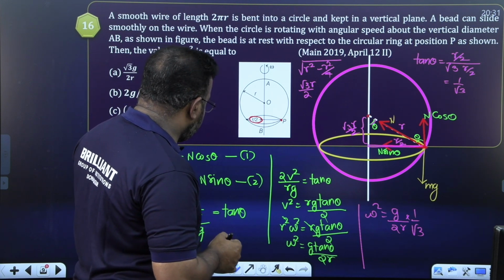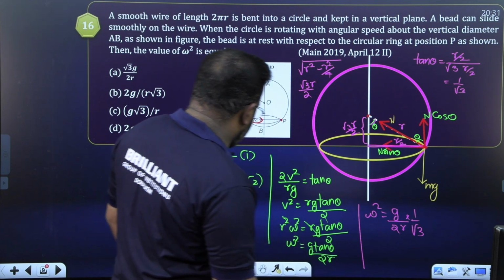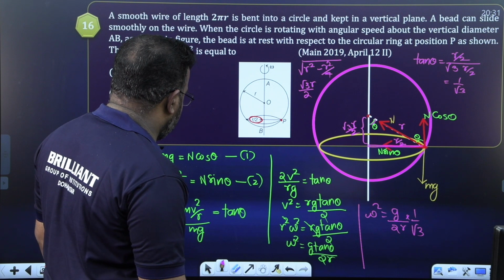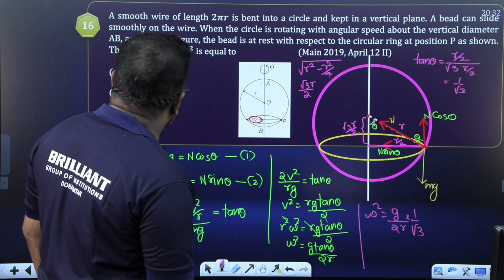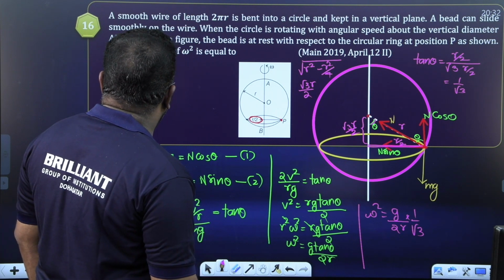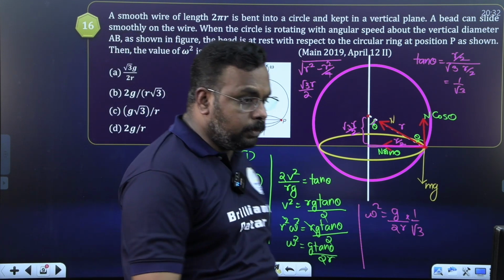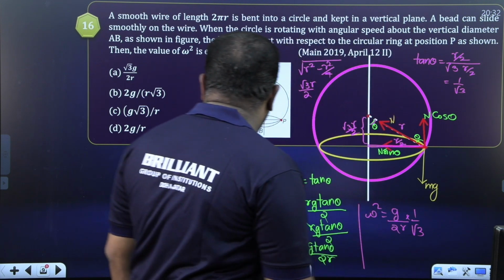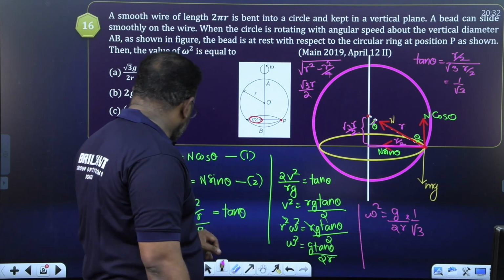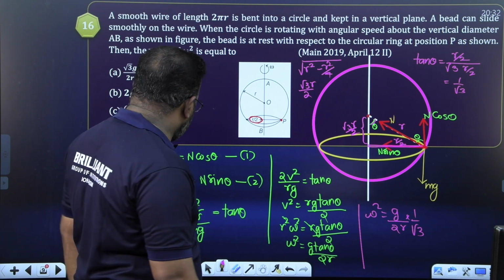2 into V square by RG is equal to tan theta. V square is equal to RG tan theta by 2. One second, V square, what did you, yeah, V square is equal to R omega, it's correct only, no?